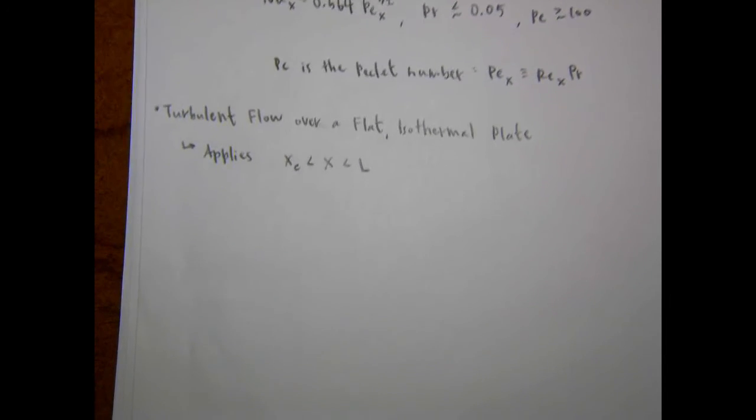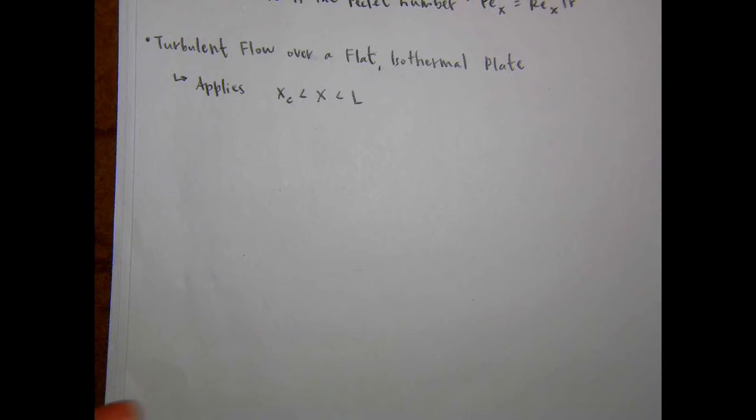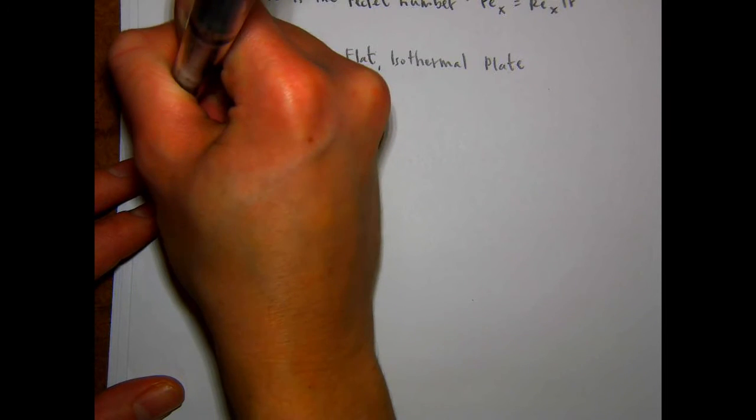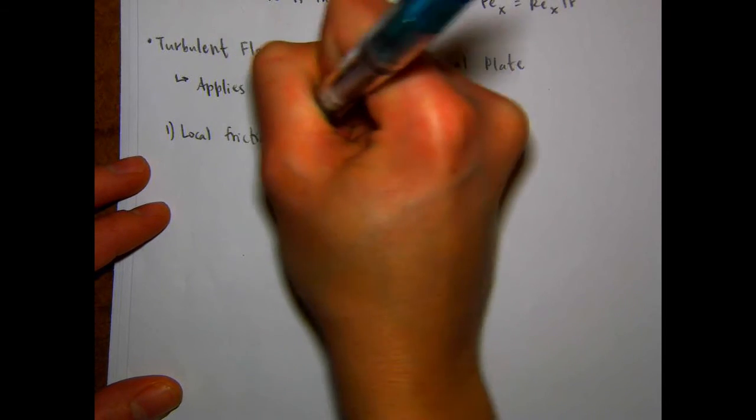So the laminar results were obtained analytically from the similarity solution, but you can't obtain exact analytical results for turbulent flow because it's inherently unsteady. So these results come from experiments, so they're empirical. So we have, again, the local friction coefficient.